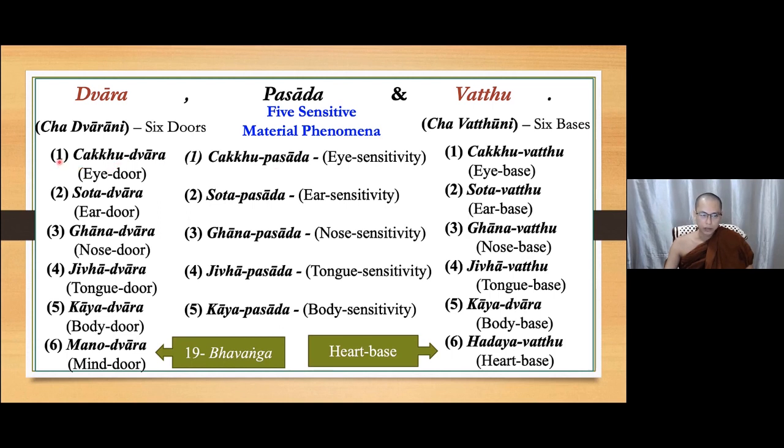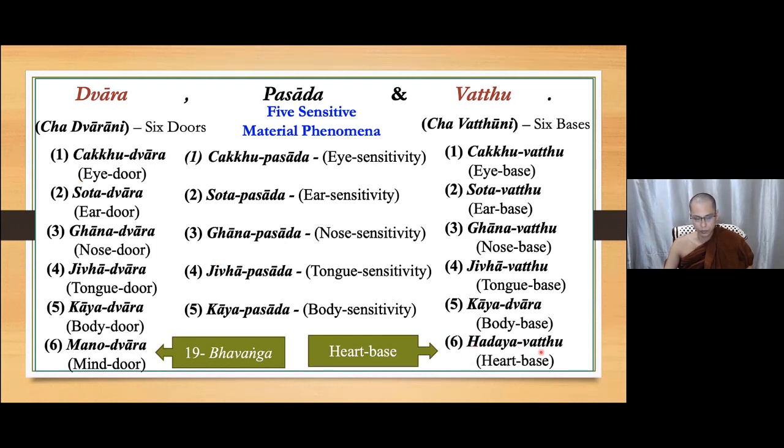You see for the Dwara: Chakkhu Dwara, Sota Dwara, Ghana Dwara, Jivha Dwara, Kaya Dwara, and the last one, Mano Dwara. But in the six bases: Chakkhu Vatthu, Sota Vatthu, Ghana Vatthu, Jivha Vatthu, Kaya Vatthu. The first five are similar to the Dwara, and the last one is different.